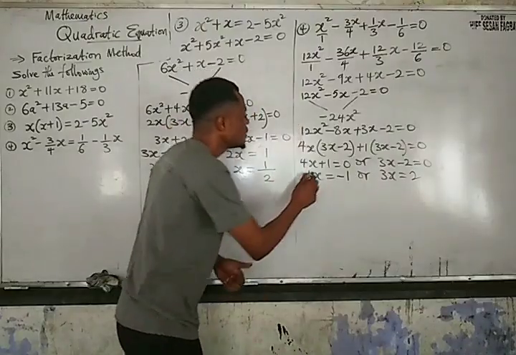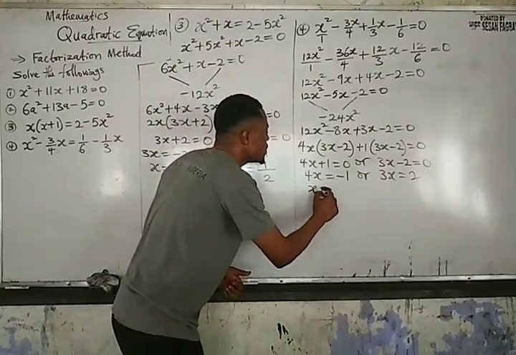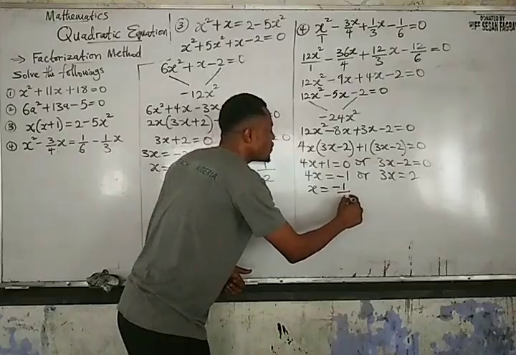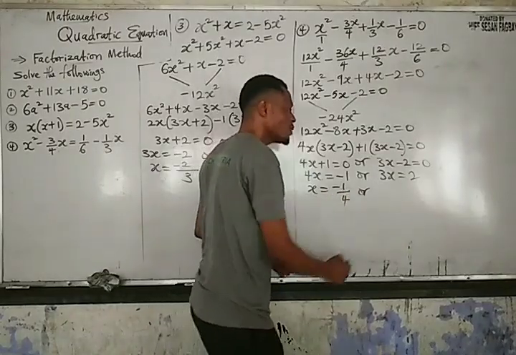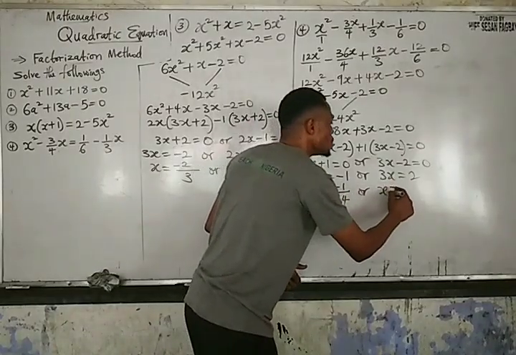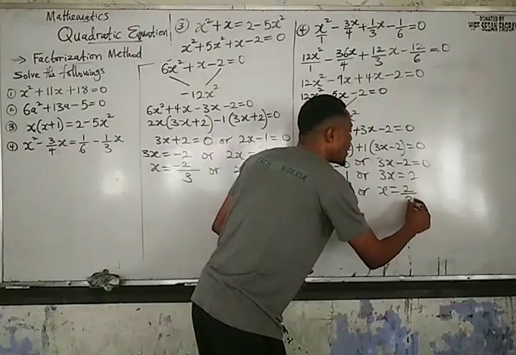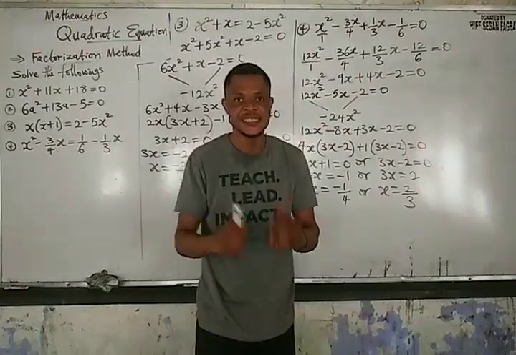Now finally, we have x equal to minus 1 all over 4, or x equal to 2 all over 3. Easy.